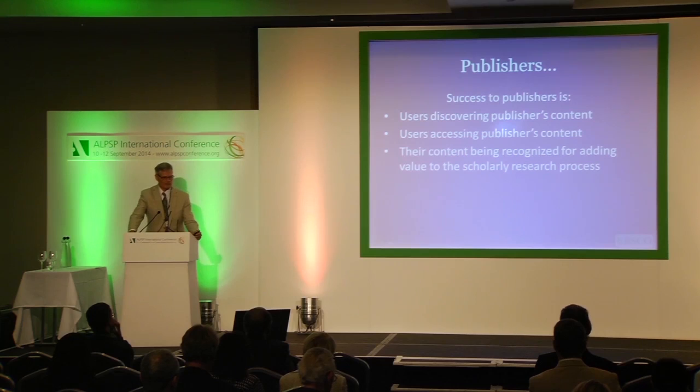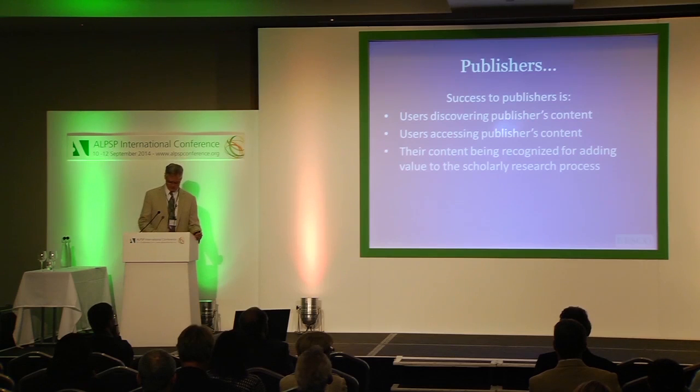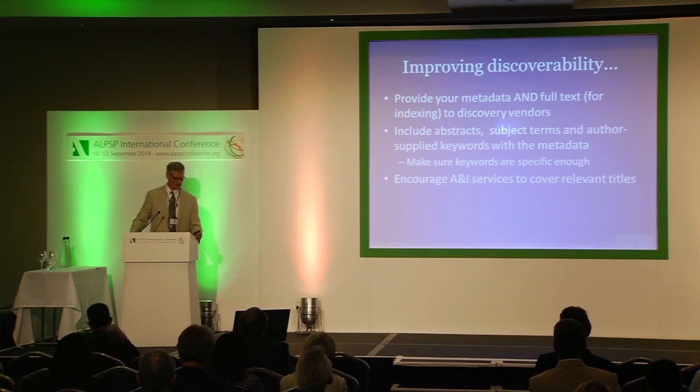So, if we're talking about success, I think it's fair to say success for the publisher is having users, A, discover your content, B, access your content, and then, of course, being recognized for the positive impact or value your content has to the community. So, what can you do to help?